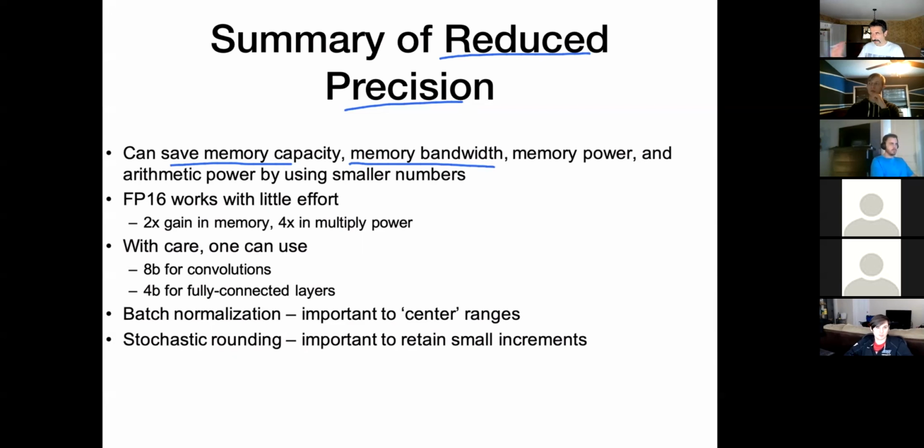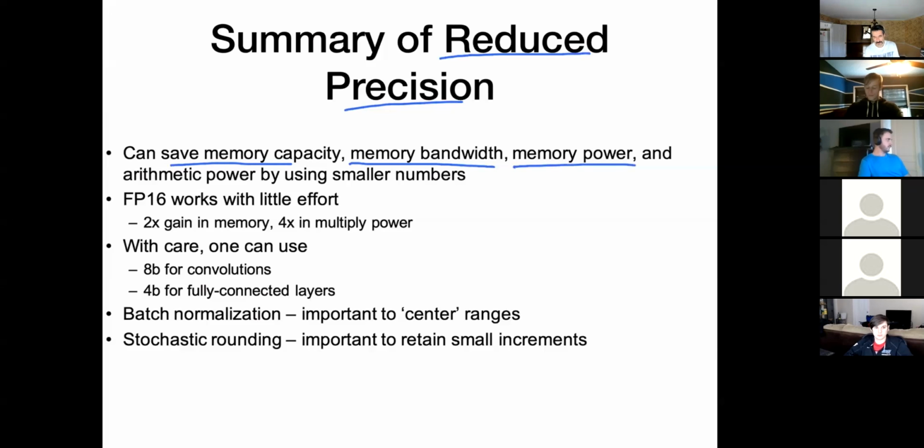Even if you store the same 16 million weights, with reduced precision you transfer less across this connection for reading these weights.